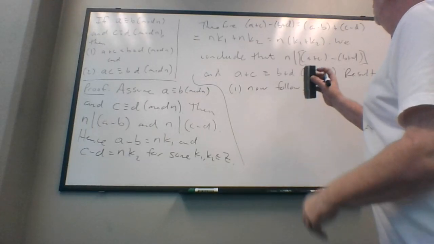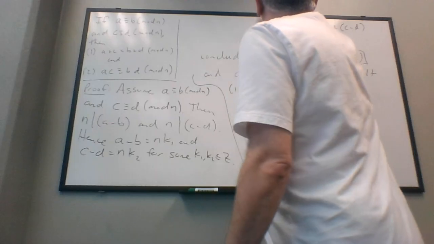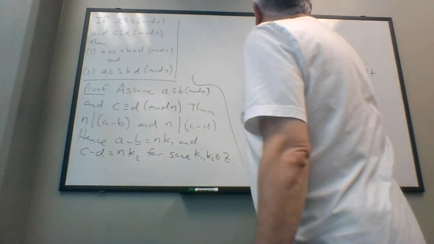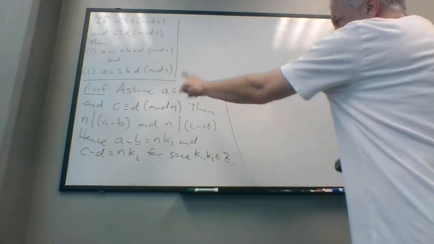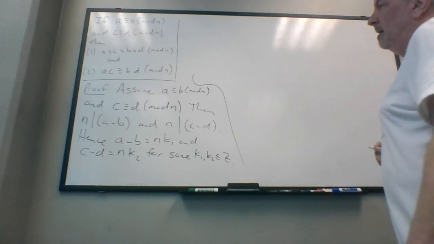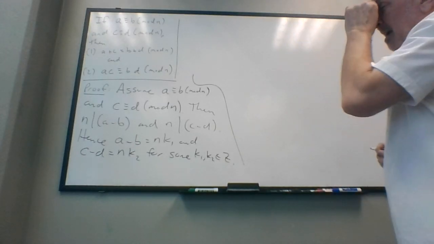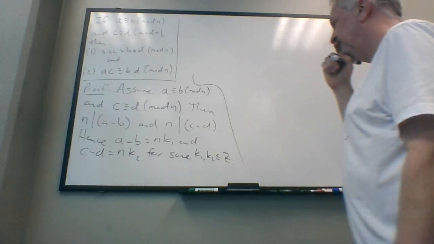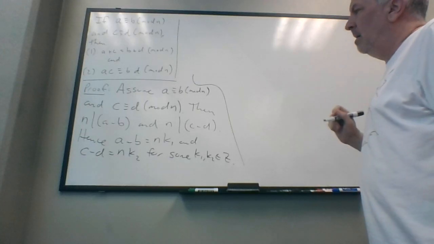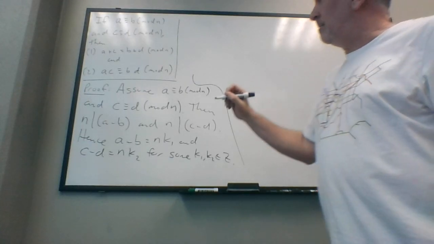Okay, so I'm going to come up here, and we'll do two. I'm continuing with the proof. I'm going to leave this here so we can see it. Let's work backwards for a second.